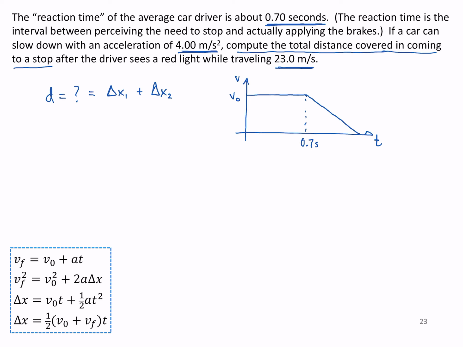So we have a linear v versus t graph. And their final velocity will be 0 meters per second. Now, we should know at this point that if we try to apply the equations of motion to this entire period of time, we're going to get things that don't make a lot of sense, because the acceleration changes right at that moment from 0, because the velocity isn't changing for 7/10 of a second, to this negative 4 meters per second squared.